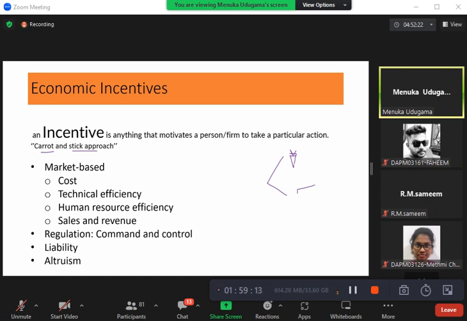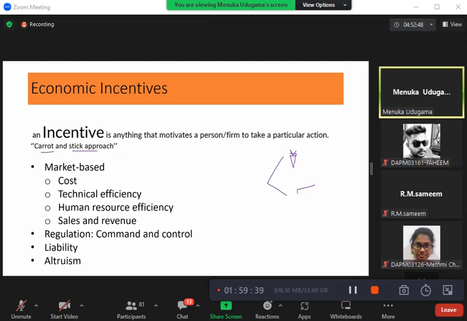You can incentivize somebody with a carrot. It's sort of a way of enticing somebody with a carrot, so that person will move towards or push themselves towards that particular action. I'll take an example.